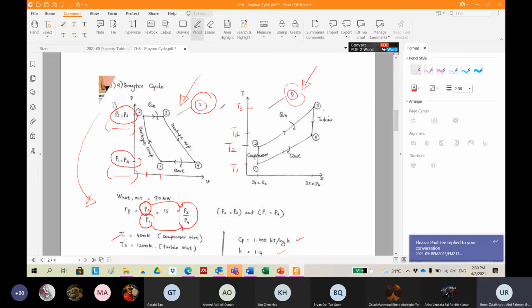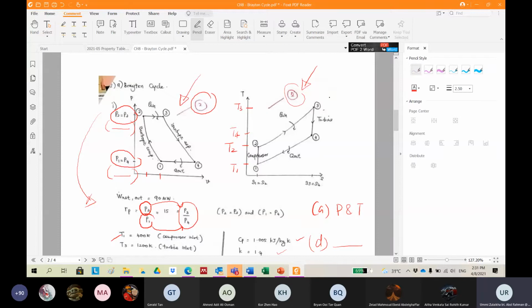Meaning, later you will see in the question: illustrate PV and TS diagram by including all the information you have obtained in A. Because in A, you are required to find P and T. Maybe in part D, you are required to illustrate proper PV and TS diagrams.